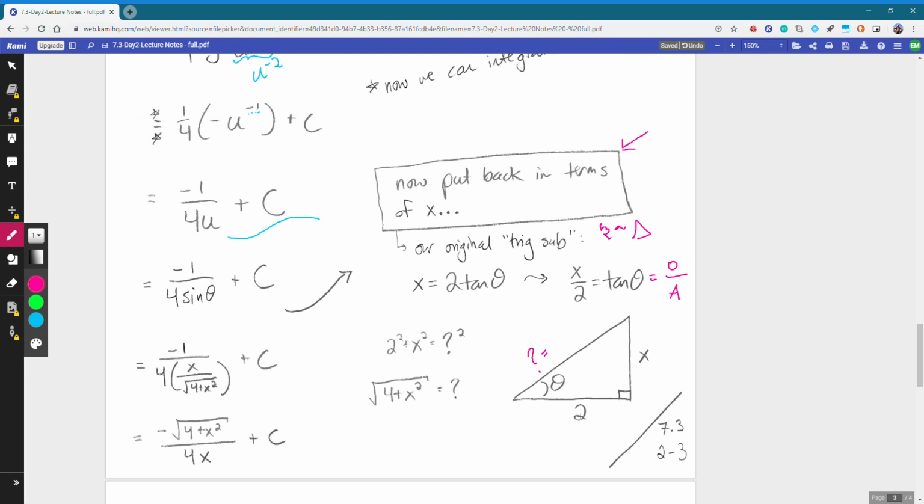All right, and so through the Pythagorean Theorem, you know that 2 squared plus x squared is this hypotenuse squared. And so just square rooting both sides, again, through our technical assumption that we're not worrying about, we don't get plus or minus, we'll just get the plus. And we now know all 3 sides of our triangle.